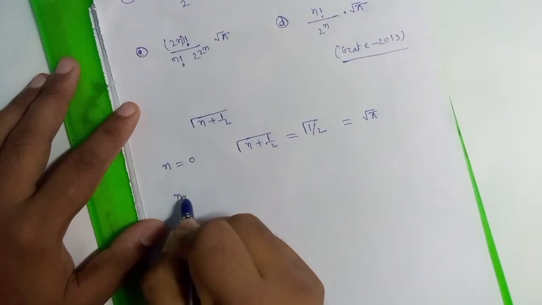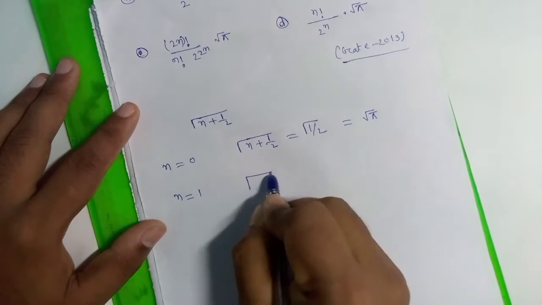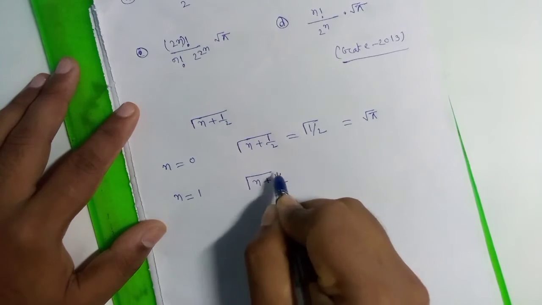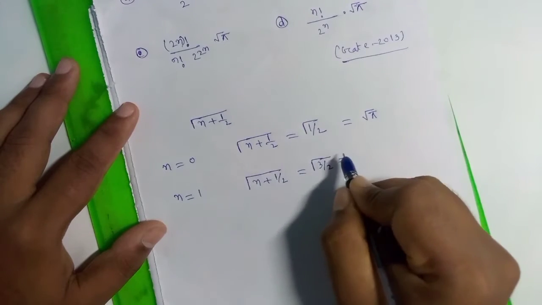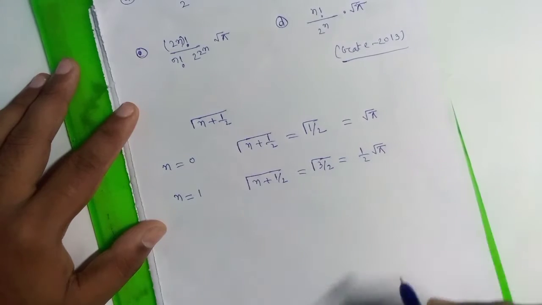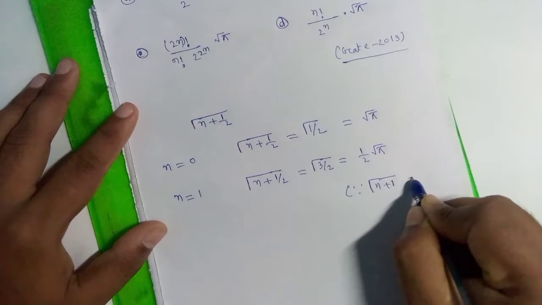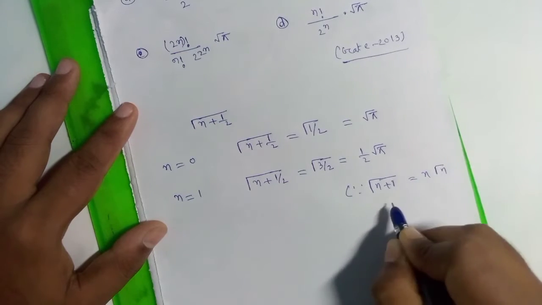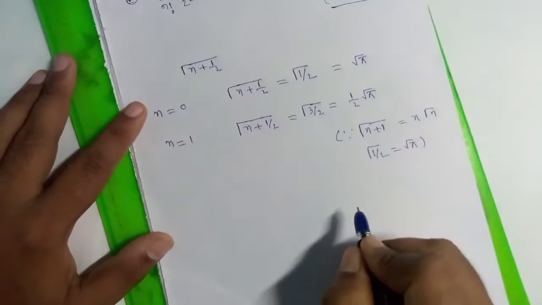So when n is equal to 1, gamma of n plus half is equal to gamma of 3 by 2. Here this comes to 1 by 2 root pi. Actually, we apply gamma of n plus 1 is equal to n gamma n, and gamma of half is equal to root pi.